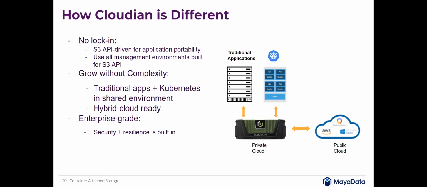You can seamlessly grow your environment, be it your traditional applications, your Kubernetes environment, your cloud native applications, or if you want to do hybrid cloud, and meet all those requirements in a single enterprise-grade platform that offers robust security, access control, WORM, resiliency, data protection, and can grow as your workloads and demand grow. This is what makes Cloudian different.